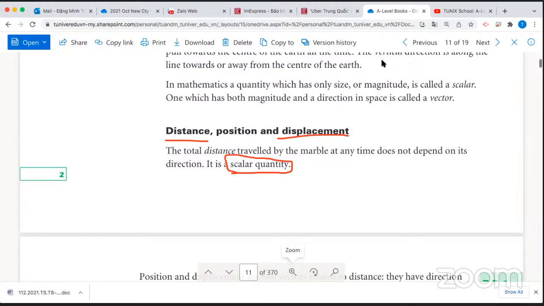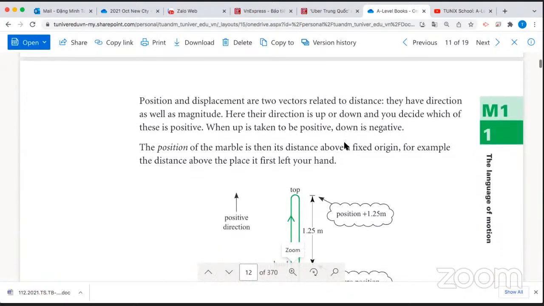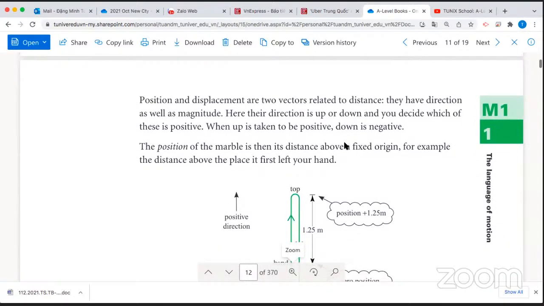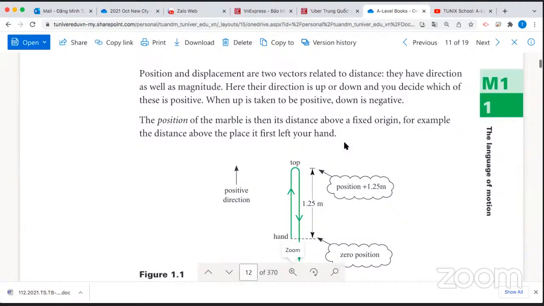And now, if we move on to the next one, the position here, the position related to the position of the object. That means maybe we care about the zero position, maybe the earth plane or the hand or any origin points, something like that. We define that the fixed origin or the zero position.